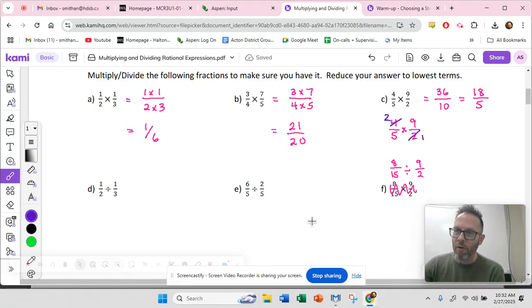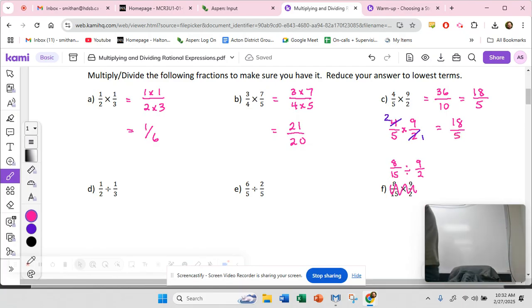It's like 2 over 1. And now I can just do 2 times 9 equals 18, and 5 times 1 equals 5. And I get 18 over 5 directly. Neither of these is better than the other. You can do whatever you want. But I will actually be making use of both of these methods later.